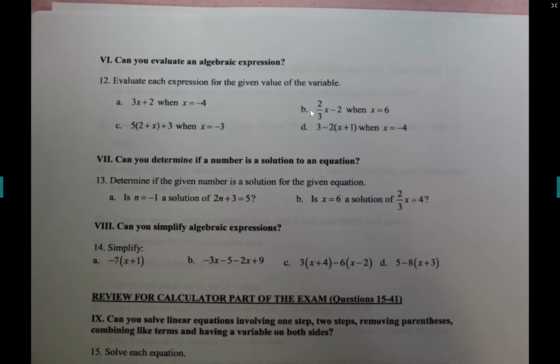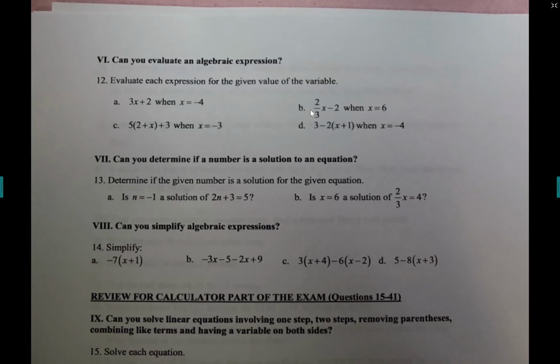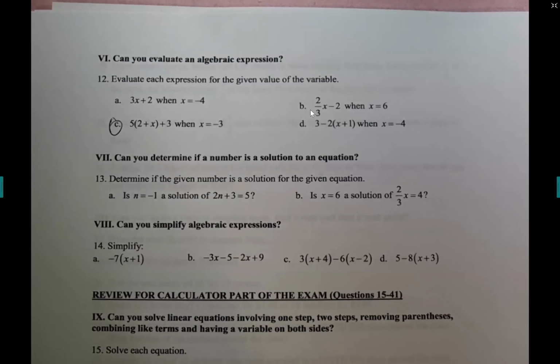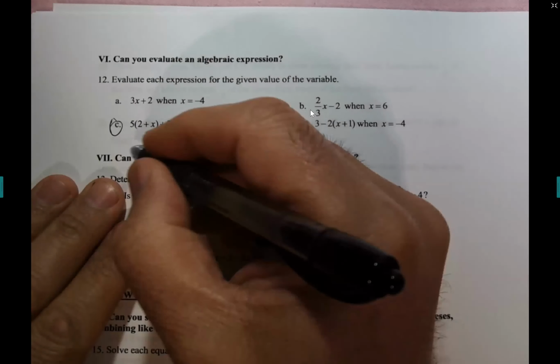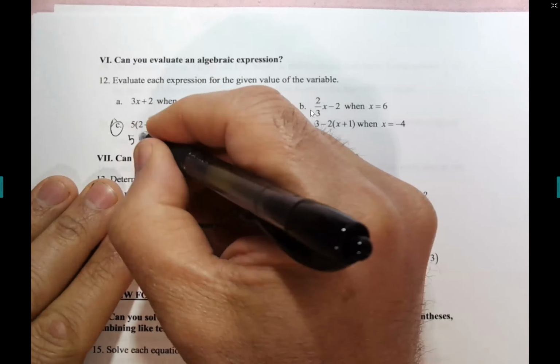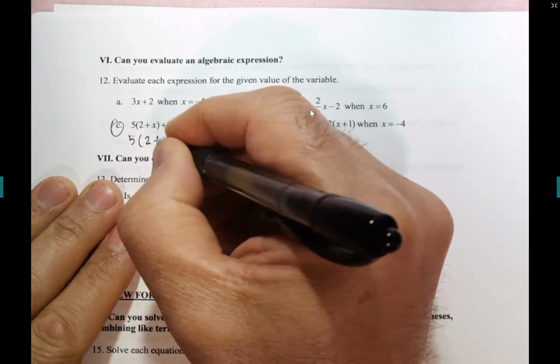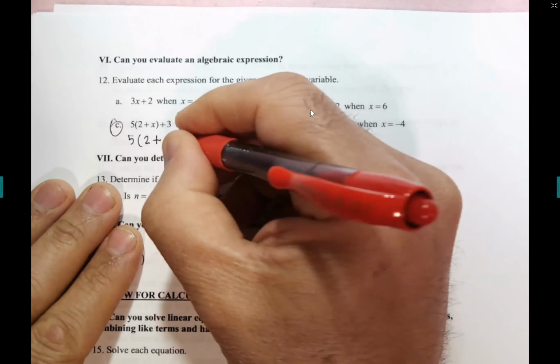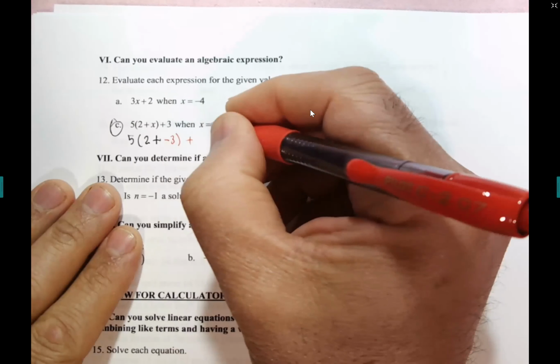Can you evaluate algebraic expressions? Let me do C. We need to plug in x equals -3. Just be careful, guys. Plug it in. I'm going to put -3 here, then +3.